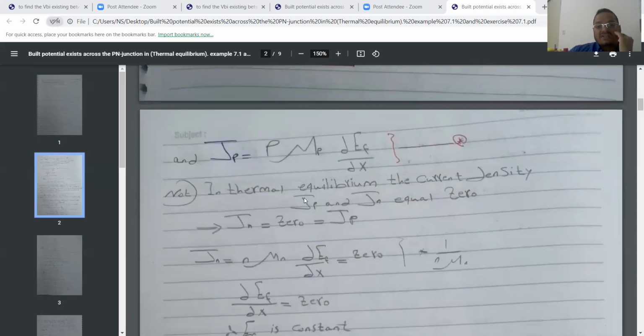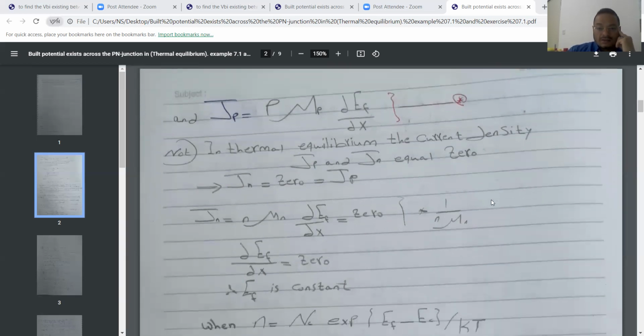Now, as I said before, all our properties and all our equations are in thermal equilibrium. Here, as we know, in thermal equilibrium the total current density equals 0. That means Jp and Jn equal 0. We will benefit from this equation.